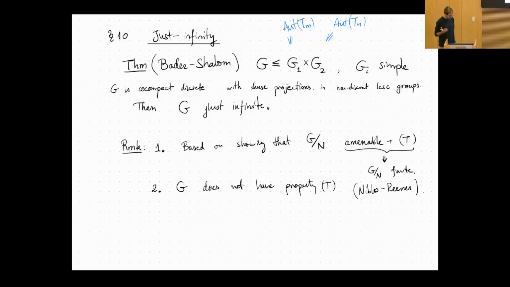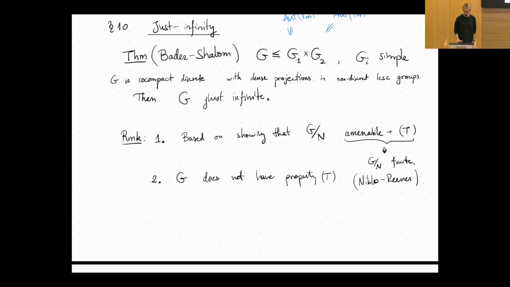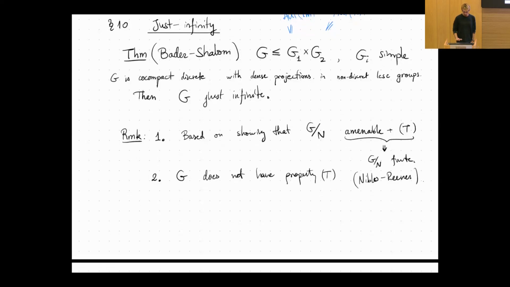The general thing is that a group with property T, when it acts on a finite dimensional CAT(0) cube complex, actually fixes a point. So it's never interesting to look at property T for groups acting on CAT(0) cube complexes.